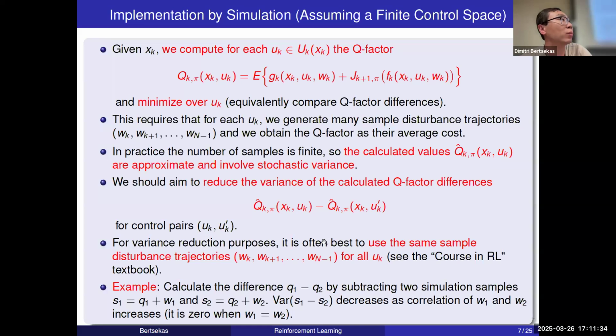And that's why we need to make the assumption that the disturbance distribution does not depend on XK and UK in order to use the common disturbance trajectories. And similarly here, if W1 and W2 do not share the probability distribution, then we cannot use the same for both, right?